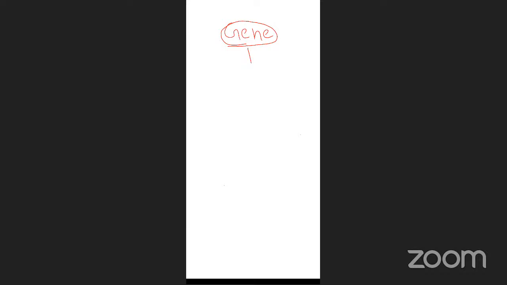For example, through the transcription process, mRNA is prepared from the gene.